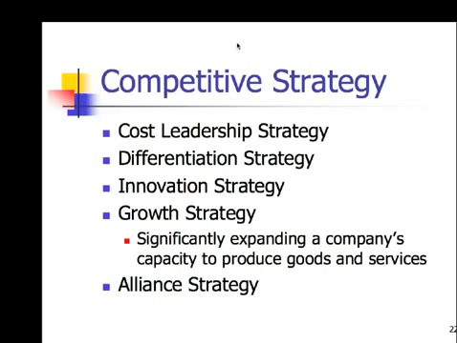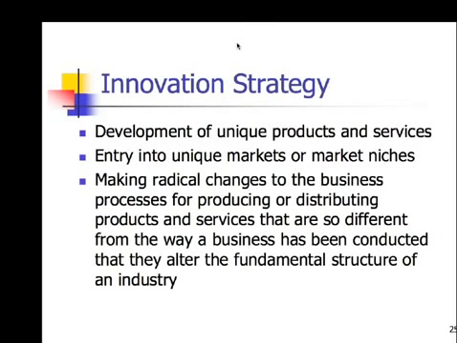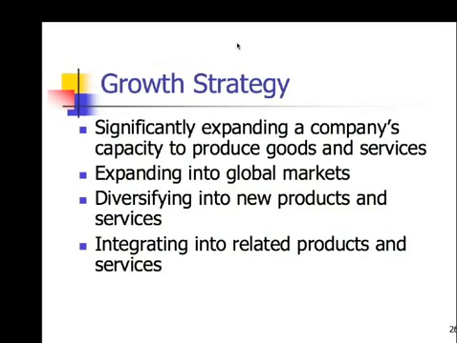But basically, I think I stopped talking in terms of competitive strategies that companies can use to implement IT to give them an advantage somehow against their competition. Could be cost, differentiation, innovation, growth, perhaps a growth strategy to grow the company using IT. And talked about the cost, talked about the differentiation, talked about the innovation, and growth as well.